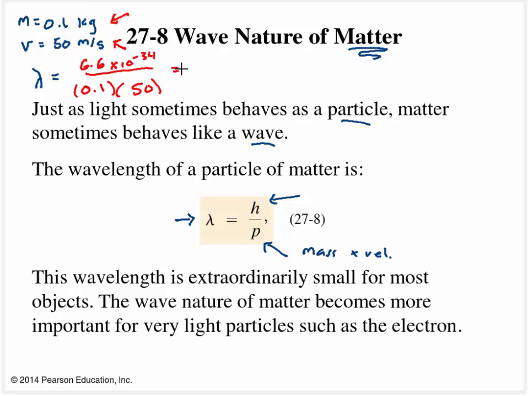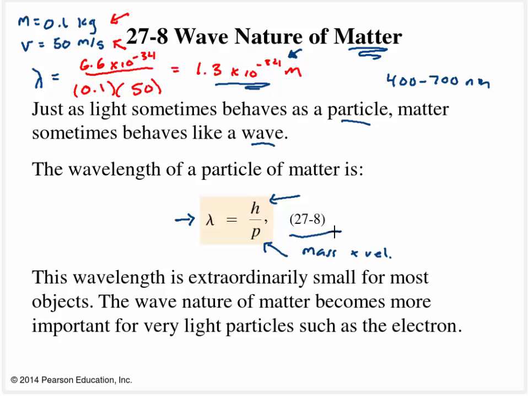We type that into the calculator, and we're going to come up with 1.3 times 10 to the negative 34th meters. This is an extremely small wavelength. If you think about it, visible light is in the 400 to 700 nanometer range, and that's times 10 to the negative 9th. This is times 10 to the negative 34th. So we're never really going to see the wave-like behavior of ordinary matter.